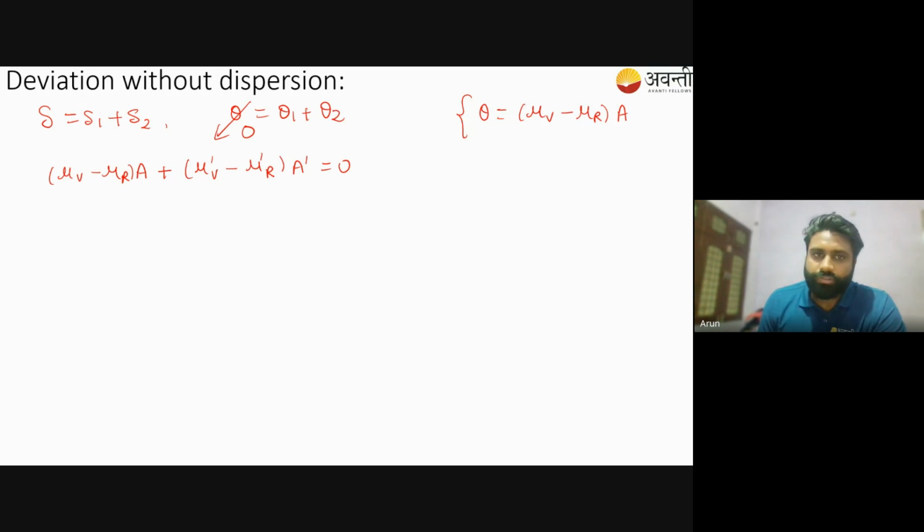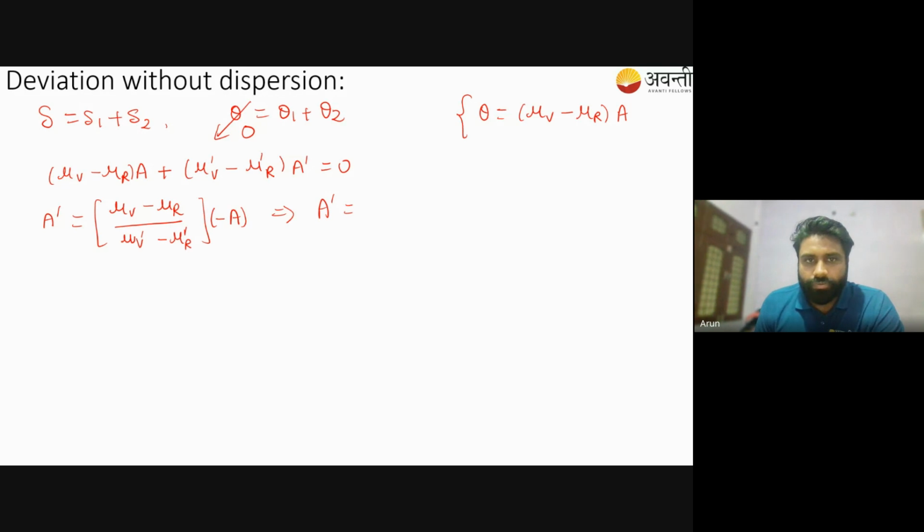So what should be the value of a dash here? A dash is equal to minus of mu v minus mu r divided by mu v dash minus mu r dash into a.